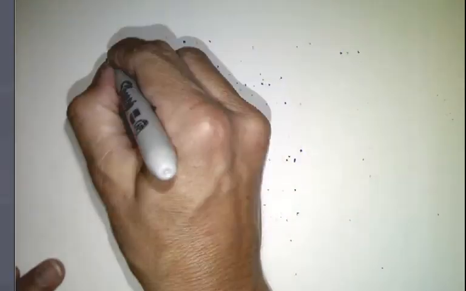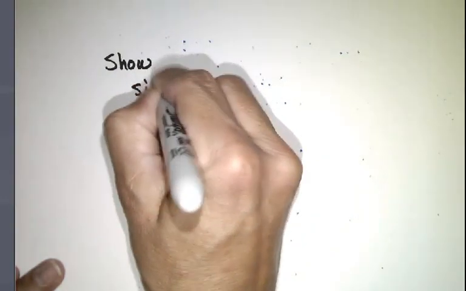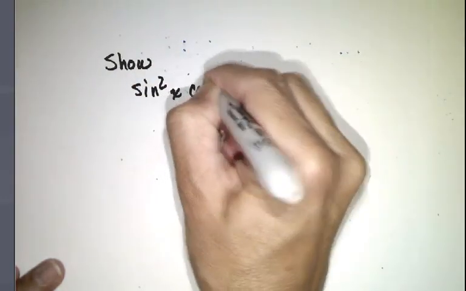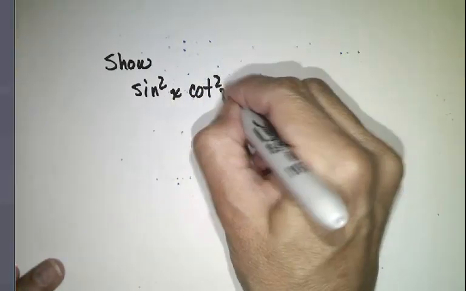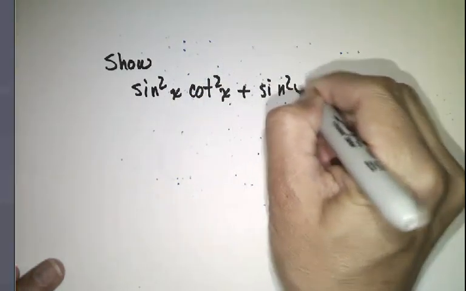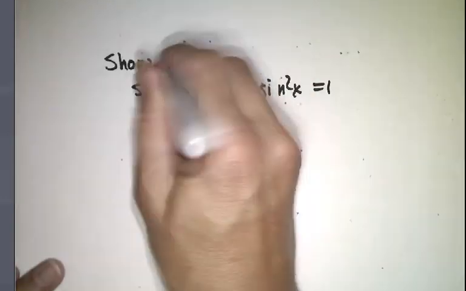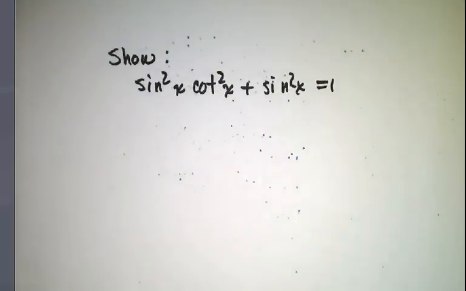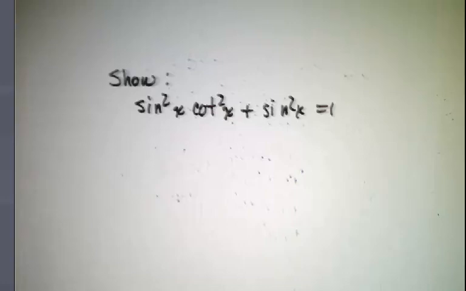Okay, let's see how we might be able to use this with one quick example. If I wanted to show the following: I want to show that the sine squared of x times the cotangent squared of x plus sine squared of x equals 1. Now, you might ask yourselves, why would I ever want to show that?